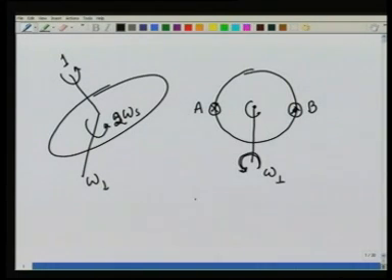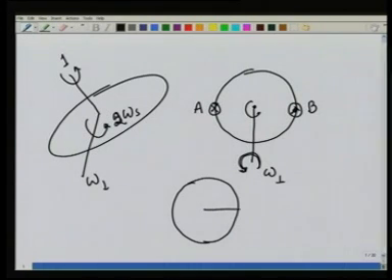In situation 2, by the time, due to spin, this particular axis reaches here, that is rotates by pi by 2, the rotation is taking place about this axis. At this point, this is point A and this is point B, so that it is this point which is going down and this point which is coming up.